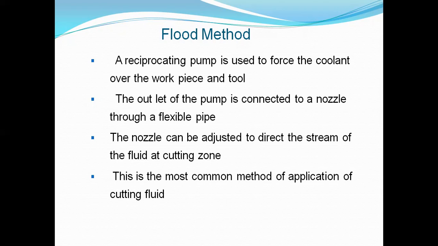So this is the flood method. In this, we are using a reciprocating pump to force the coolant over the workpiece and tool. Generally, we are using the coolant to reduce the heat, right? The outlet of the pump is connected to a nozzle through a flexible pipe, and the nozzle can be adjusted to direct the stream of the fluid at the cutting zone. This is the most common method of application of cutting fluid.